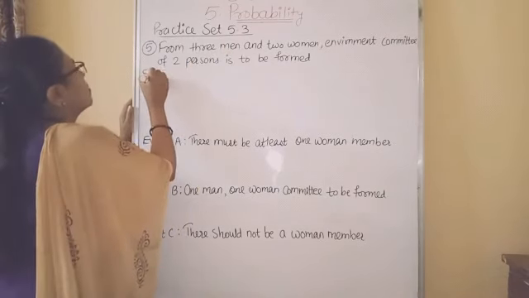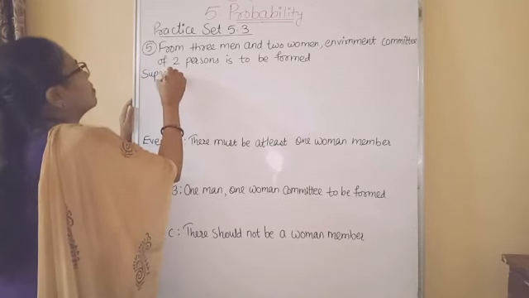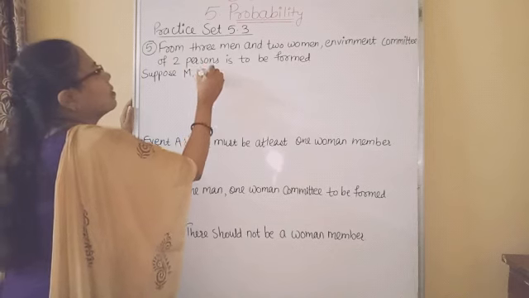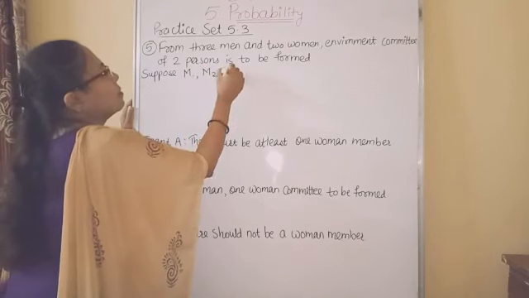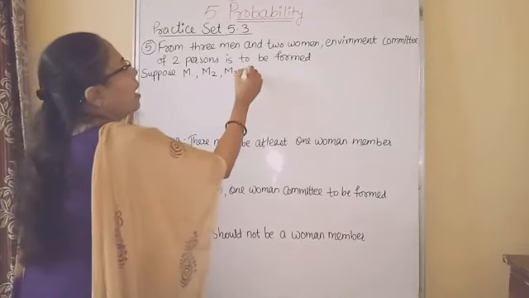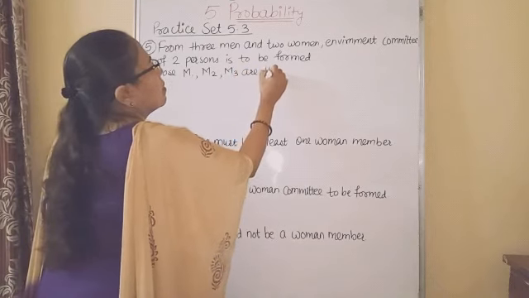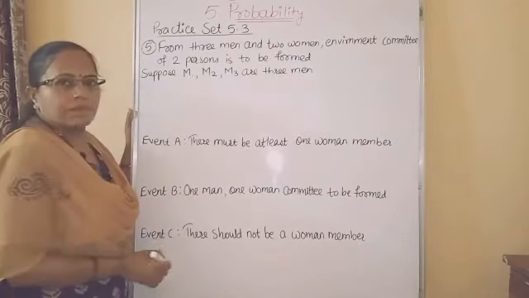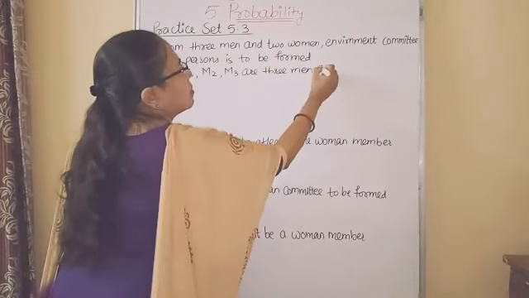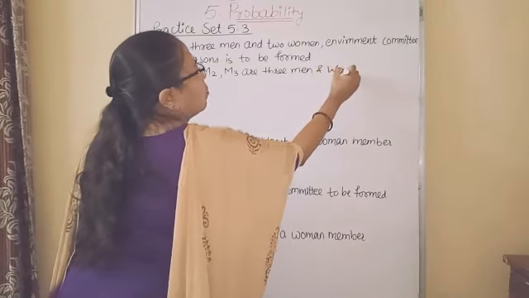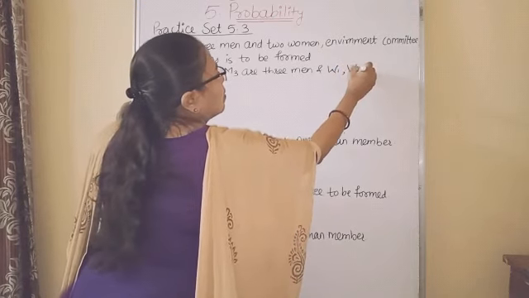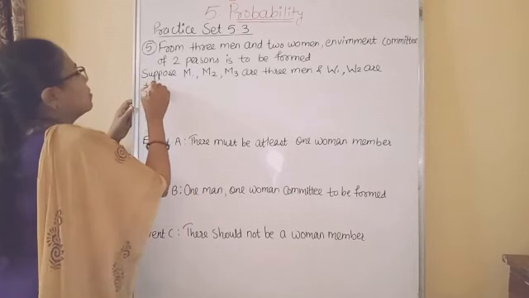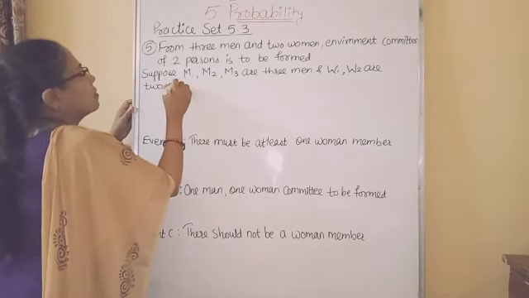Suppose M1, M2, M3 are 3 men and W1, W2 are 2 women.